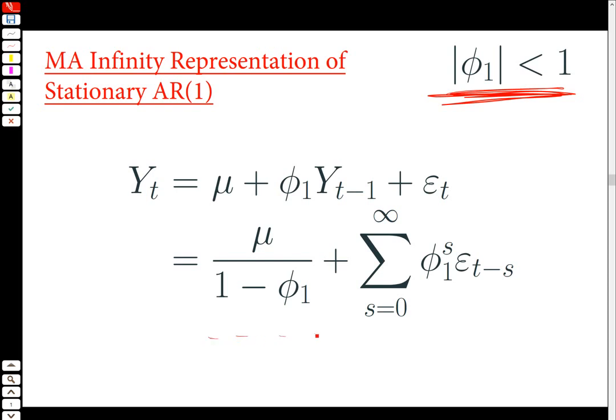So we've shown what happens to the limit of each part. To recap, we recurse back once, we recurse back again, we saw a pattern emerge, we then recurse back an arbitrary number of times, called it j, then we let j go off to infinity, and we found the condition we needed for that limit to exist, which was phi 1 less than 1.